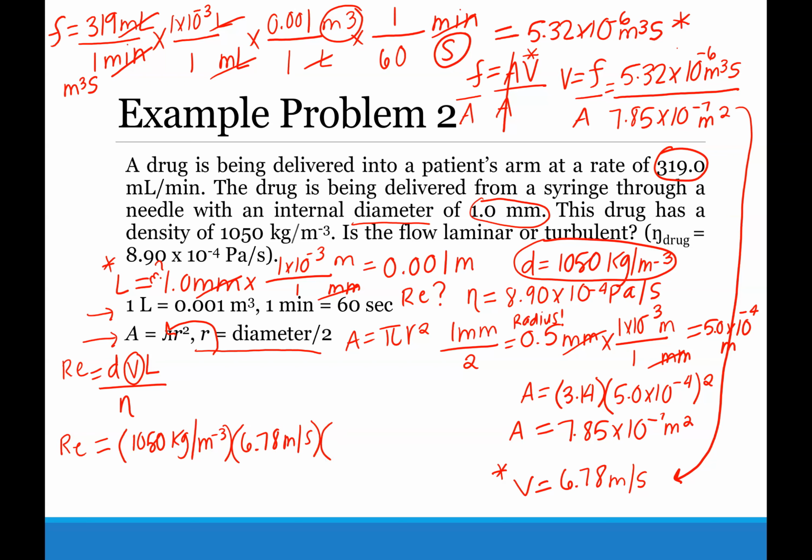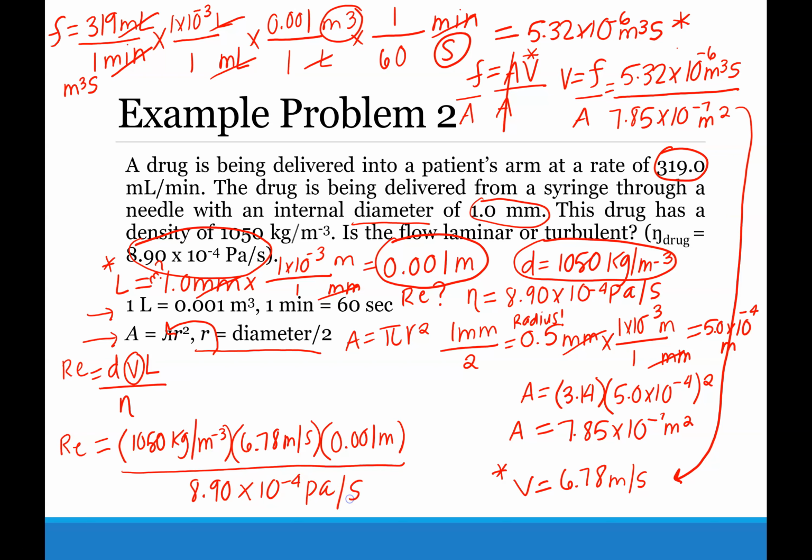The length in units of meters over here that we calculated is 0.001 meters, all divided by the viscosity that we were given for the drug, so 8.90 times 10 to the minus 4 pascal seconds.